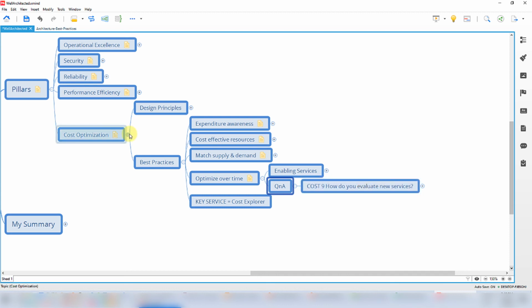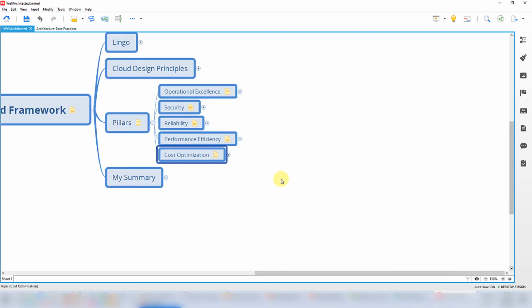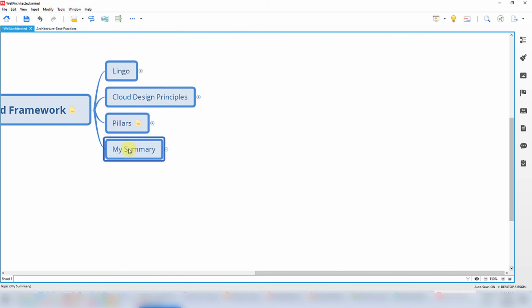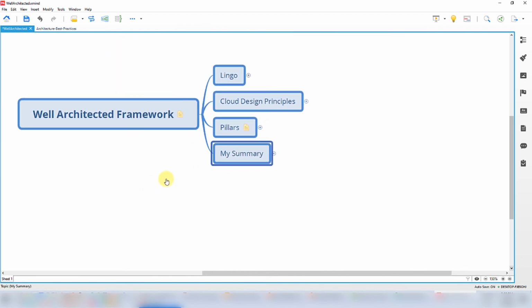This brings us to the end of discussion, all the pillars. Now let me quickly summarize the paper from my perspective. While the well-architected framework is outstanding at providing structure to designing and architecting cloud solutions in a reliable, repeatable way, there is a vast amount of information to look at.